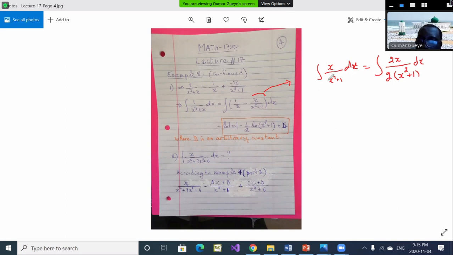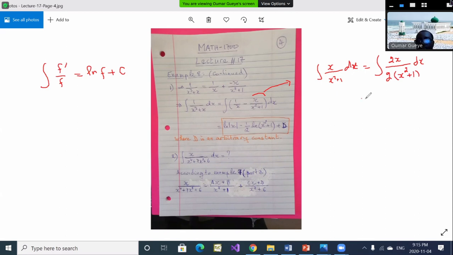Because I know if I calculate the derivative of the denominator, I'll get 2x, and I'm trying to get the integral of f dash over f, and you know this is equal to ln of f plus a constant c. Since my denominator is x squared plus 1, and if I differentiate it I'll get 2x, but here the 2 is missing. It's not a big deal, so I just want to get the 2, and to get the 2, I have to multiply 2 up and down.